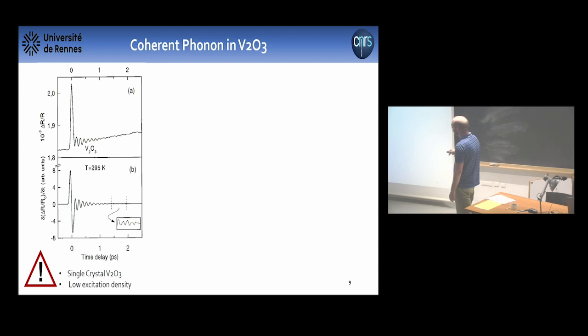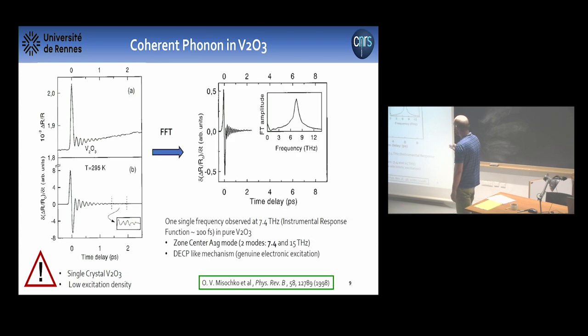You have the strong electronic peak at time 0 and some wiggling. You can either plot the derivative or straightforwardly do the Fourier transform. And what they were observing back in the days was this nice single frequency oscillation, which was matching, at 7.4, quite well the zone center A1G mode. And because you're in the metallic phase, you're doing a genuine electronic excitation, so it's more like the DECP kind of mechanism, right?